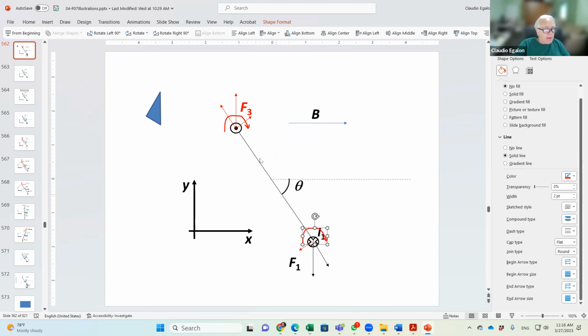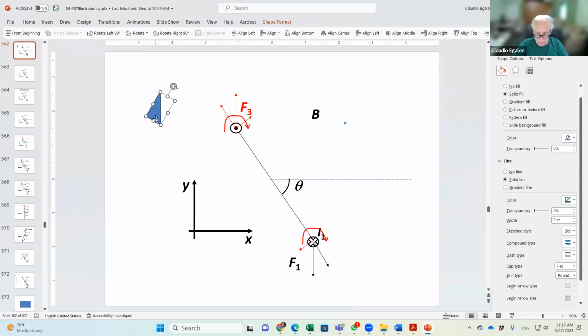The net force here is going to be 0 because this force here is the same as this one, ILB sine of theta, right? The angle between the current is 90 degrees. Okay, so it's ILB here, ILB here, ILB upwards, ILB downwards.